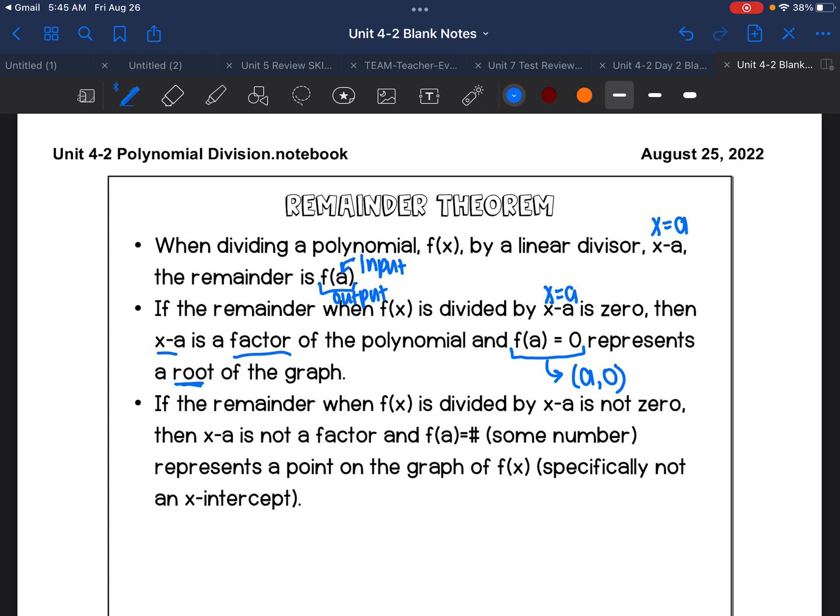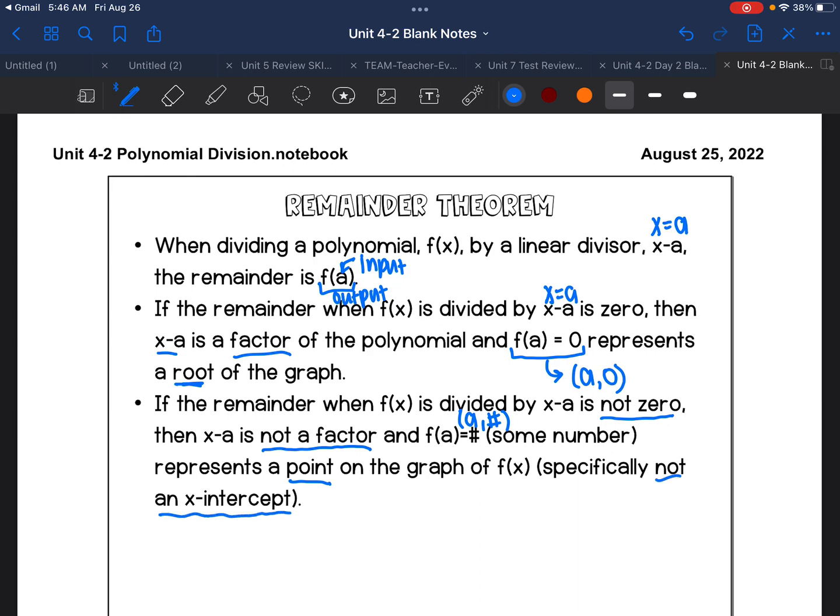If the remainder, when f of x is divided by x minus a, is not 0, then x minus a is not a factor, and f of a equals some number, so that would be a comma just some number, be any number, represents a point on the graph of f of x, but specifically not an x-intercept.